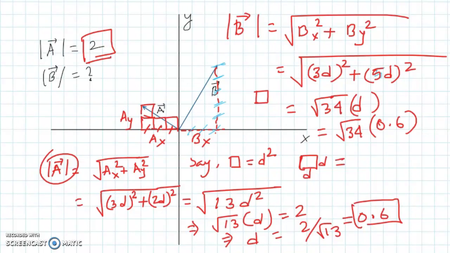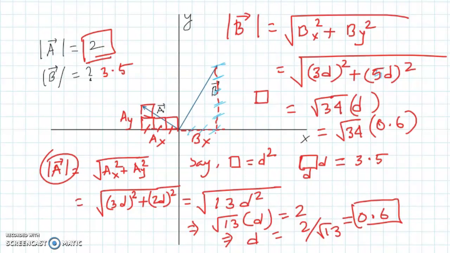So it will be 0.6 times the square root of 34, which is 3.5. So the magnitude of b is 3.5. Now I know the magnitude of a and b.